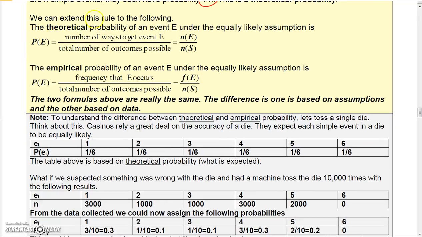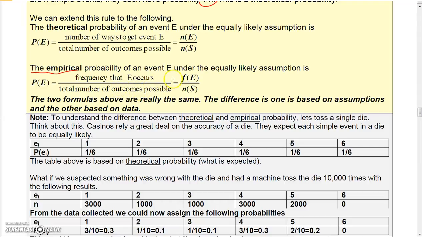Now you can extend this rule to the following. I've already given you the theoretical approach, but the empirical approach says that the probability of an event under the equally likely assumption is the frequency that E occurs over the number of outcomes in the sample space.